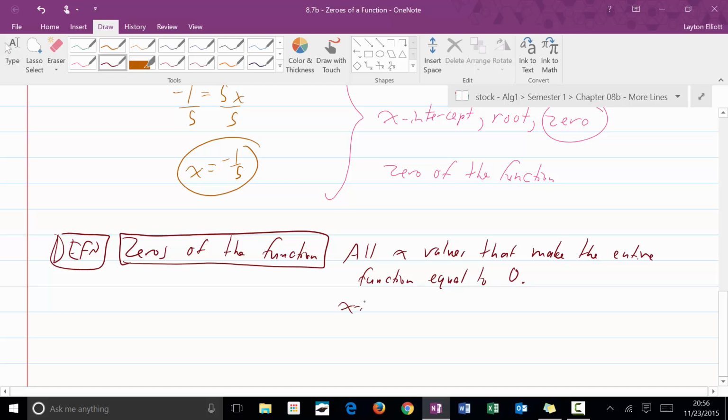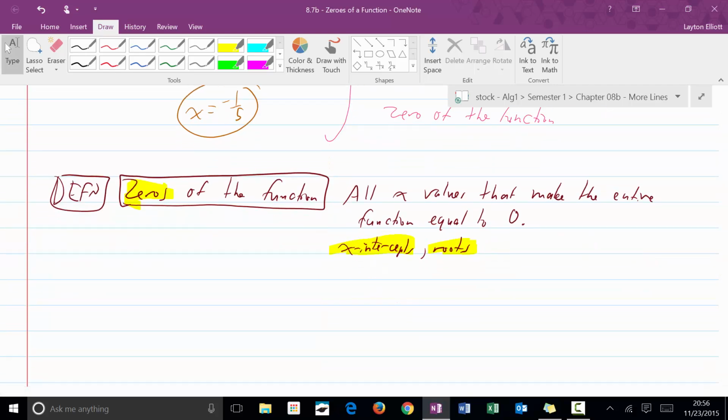They are also called x-intercepts, and they are also called roots. And those three are synonymous. Zeros, x-intercepts, and roots all mean the same idea.